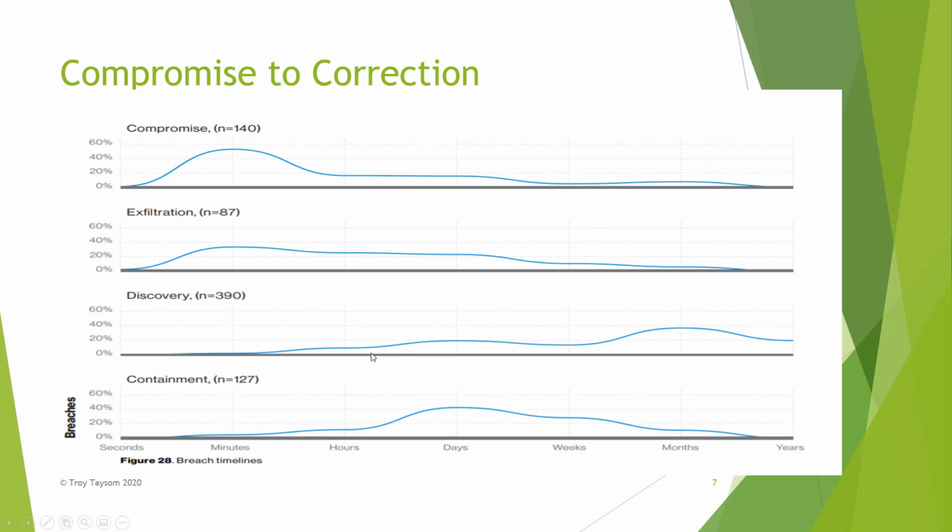And then once we discover it, how long does it take us to contain it? Contain it meaning we destroy it, we isolate it, we find a way to quarantine it, whatever it is. 40% of the time, it takes us days to figure out a way to contain something, containing being stopping the damage.